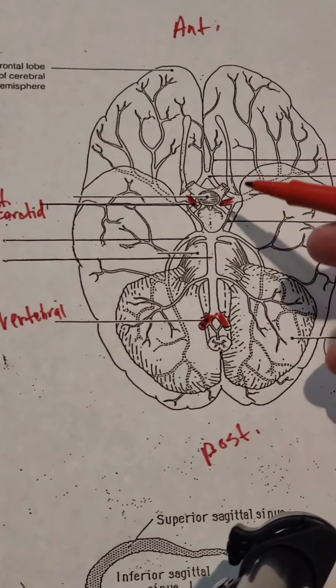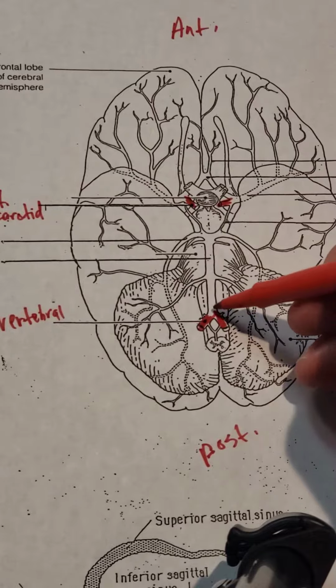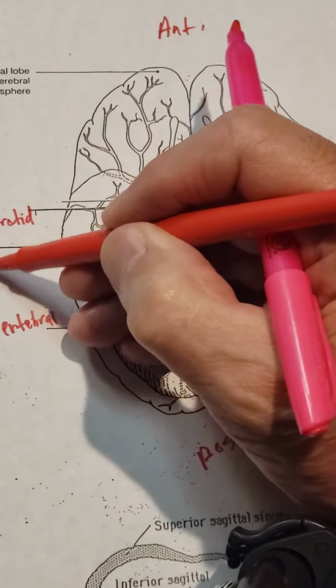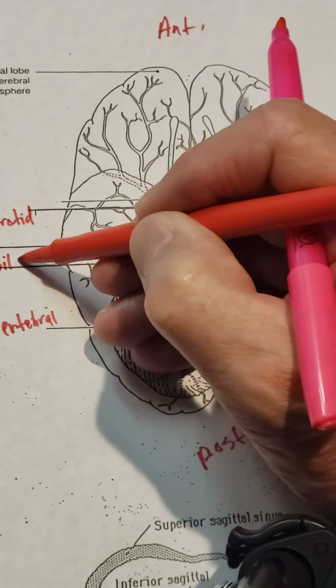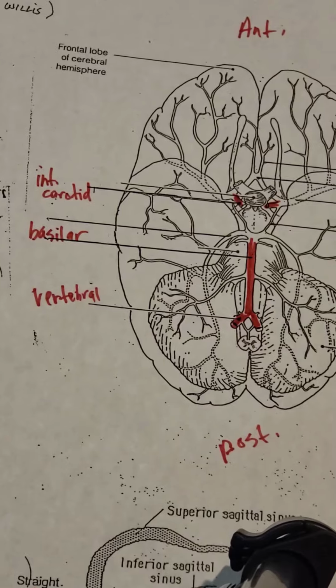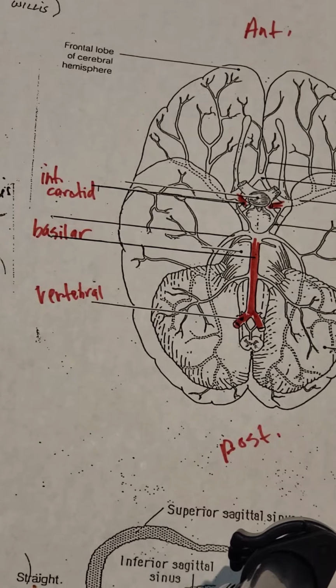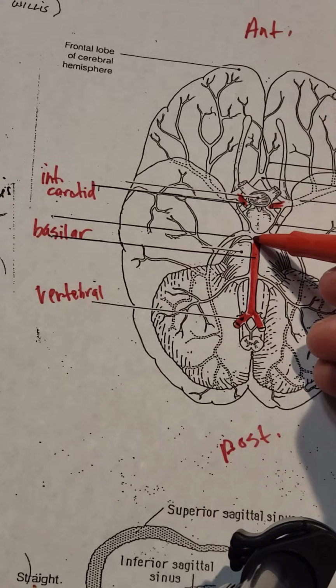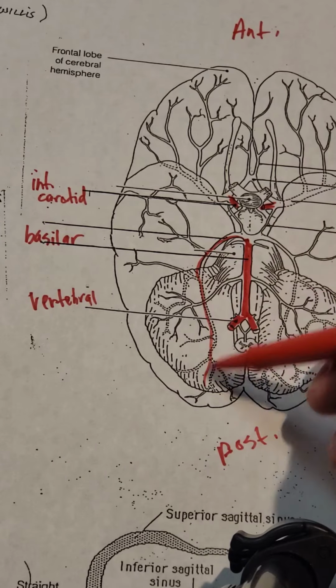The vertebral arteries are going to join together, and they're going to come right down the base of the brain, right here. This artery is referred to as the basilar artery. So that's the basilar artery running right down the base there. From there, we're going to have some branches that come back this way, and they're going to go all the way around.